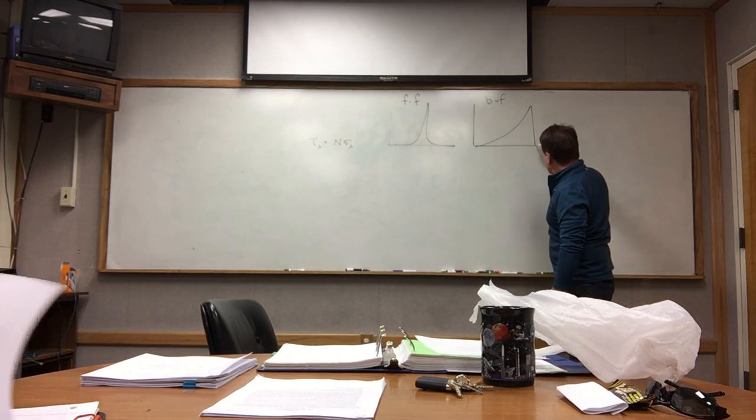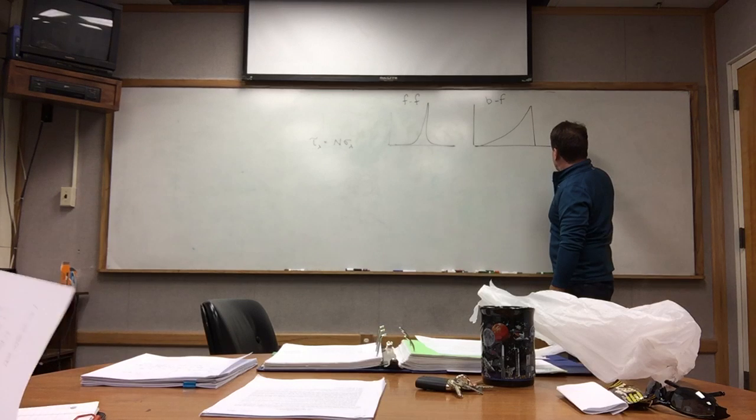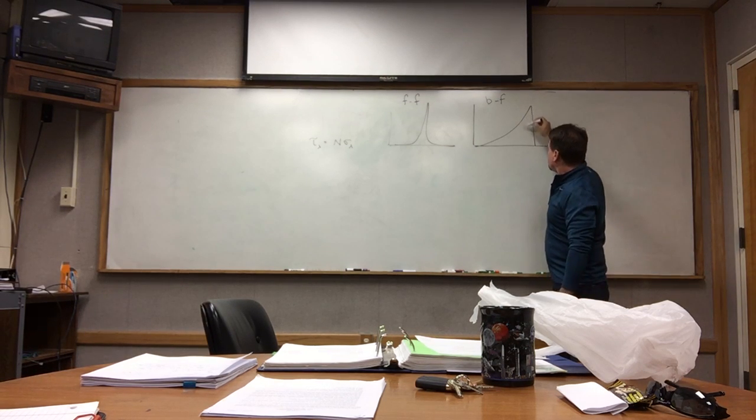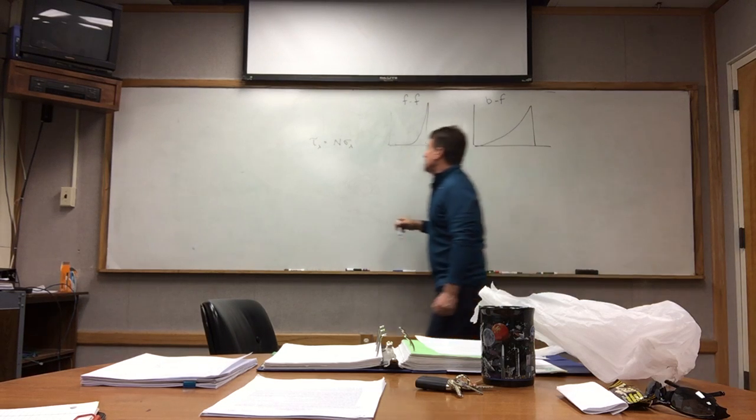You'd have the photon getting higher and higher in energy, you meet the threshold of ionization, the cross-section peaks at that threshold, and then as you go to higher and higher energy photons, the cross-section would diminish, and I think it goes as lambda cubed.